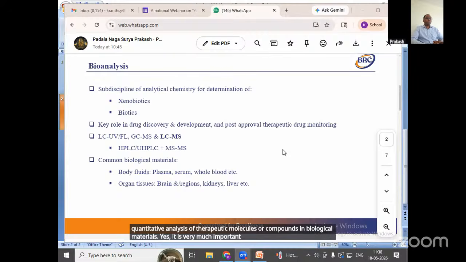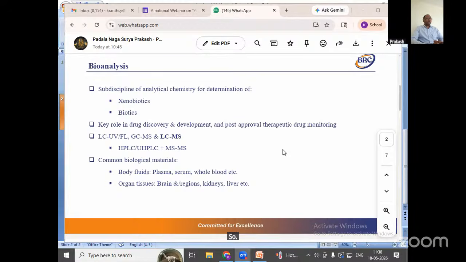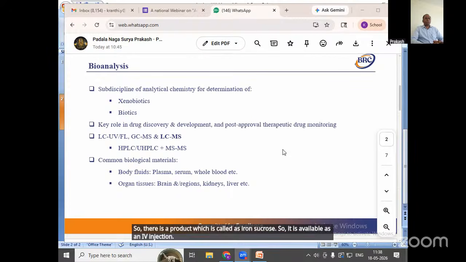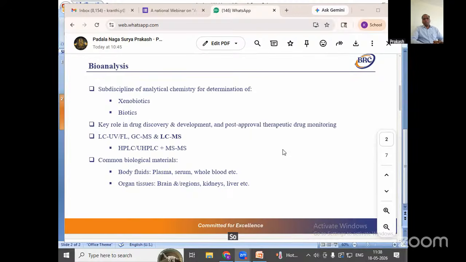And I can just refer a small example when it comes to the application of GCMS. There is a product which is called iron sucrose. It is available as an IV injection, I mean an injection which can be administered through the intravenous route, which is meant for iron deficiency anemia.